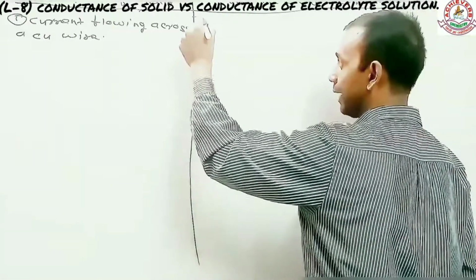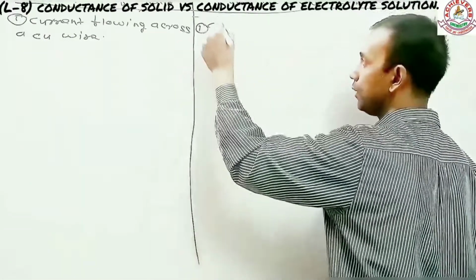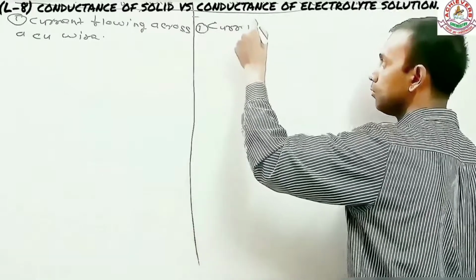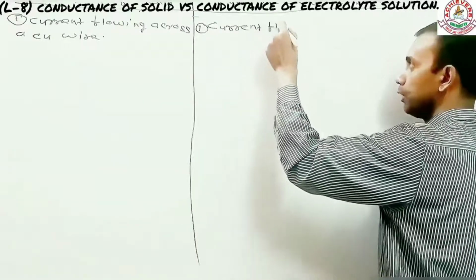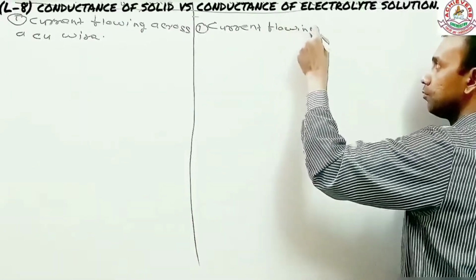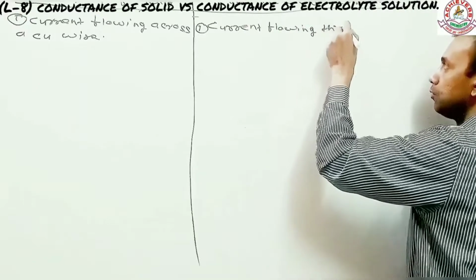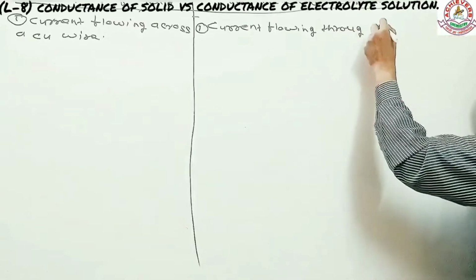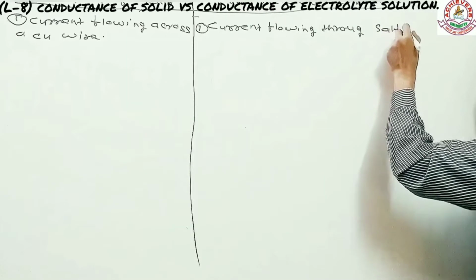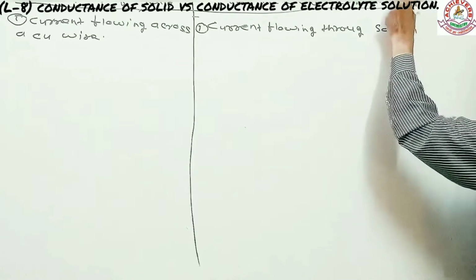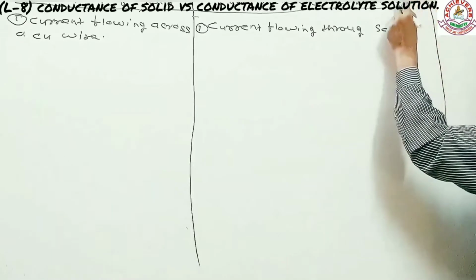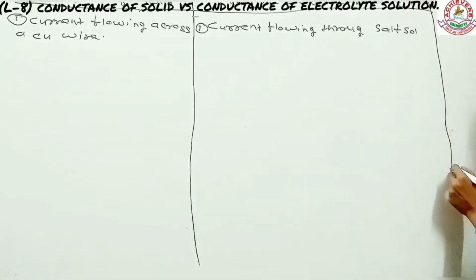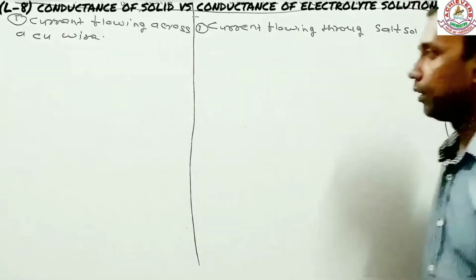Now, current flowing through salt solution. This is an example of the electrolytic conductance.